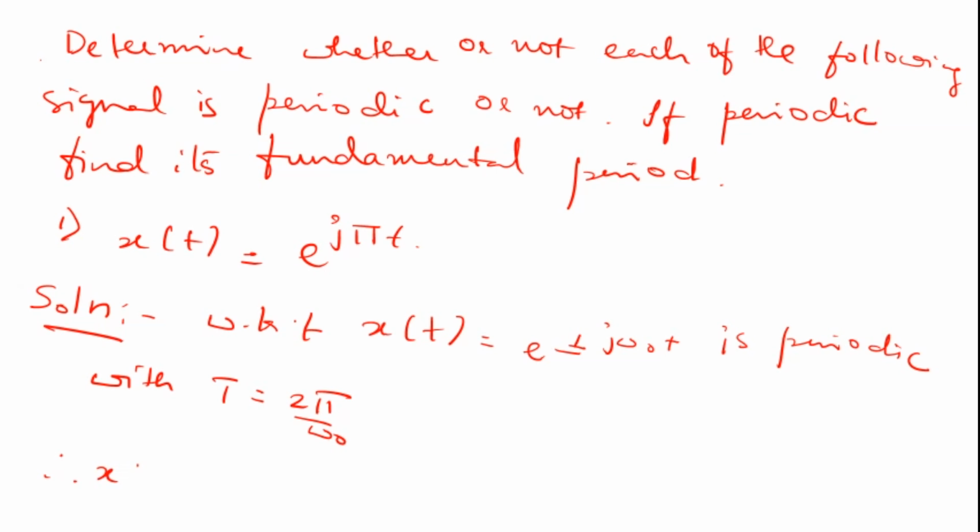Therefore, x of t is equal to e power j pi t is a periodic signal.